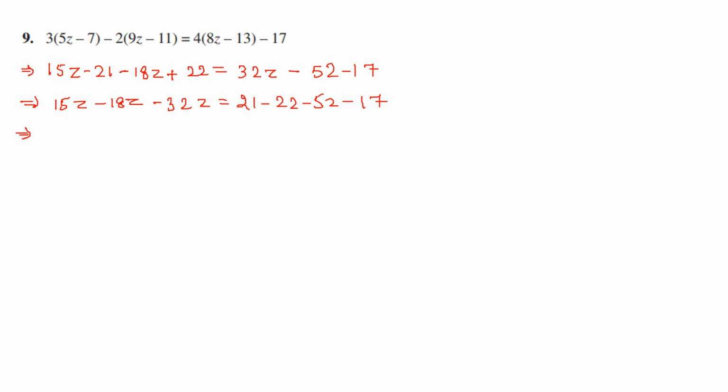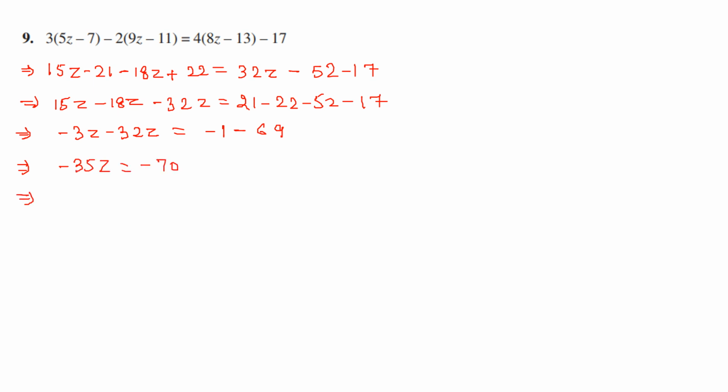And here if you see 15 minus 18 will give me minus 3z minus 32z and 21 minus 22 is minus 1 and minus 52 minus 17. So it will be minus 69. So minus 3z minus 32z. It will give me minus 35z equal to minus 70.